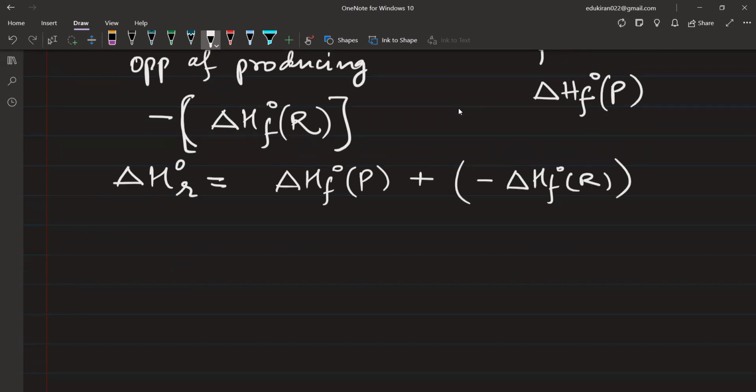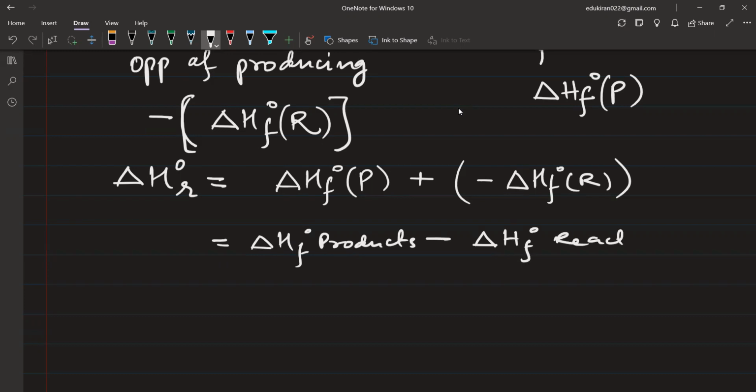ठीक है, आपके पास ये क्या मिल के आ जाएगा? This will be delta HF naught of products minus delta HF naught of reactant. ठीक है. अब मान लीजिए अगर आपके पास एक ही प्रोडक्ट है या फिर एक ही रिएक्टेंट है तो आप इस तरह लिख सकते हैं.